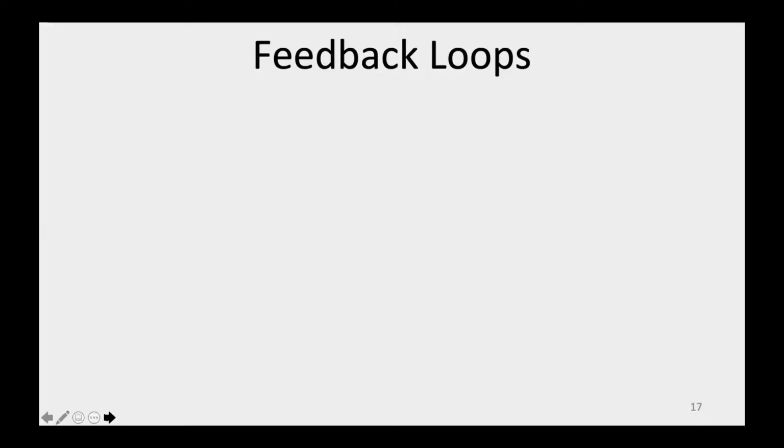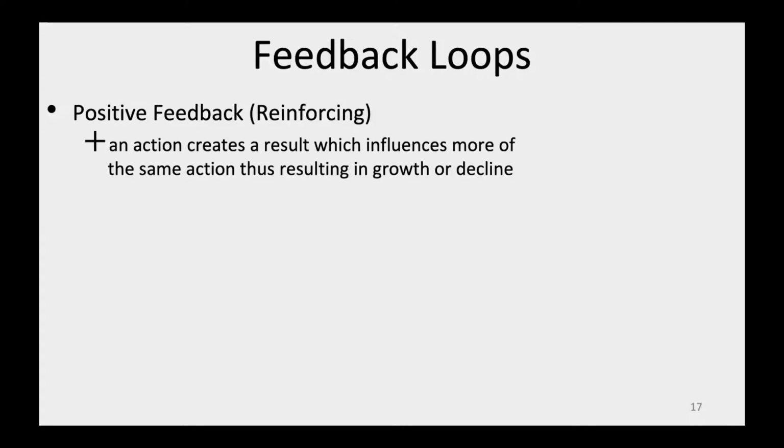Now, the second part, which we also touched upon, the feedback loops, because we just didn't describe them properly as needed. There are positive feedback loops, which we call reinforcing. You see a plus sign.